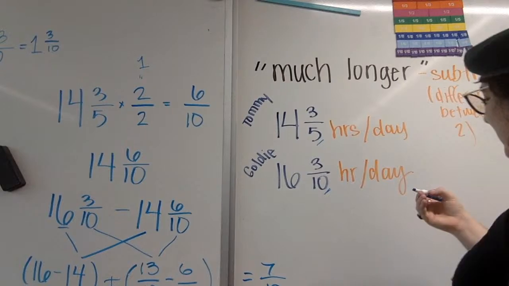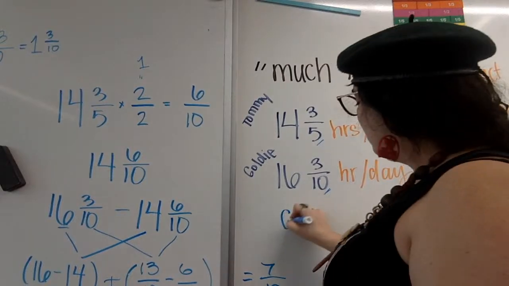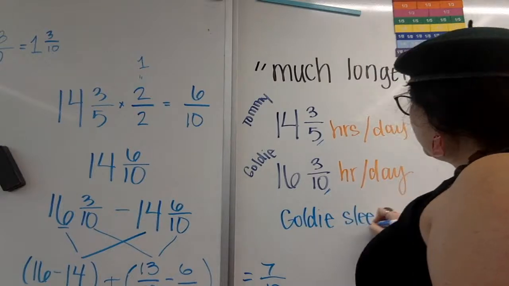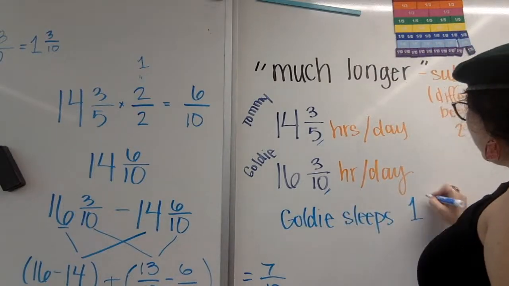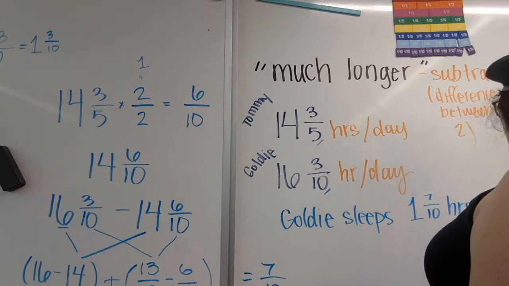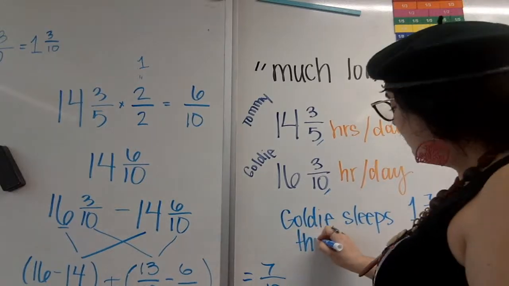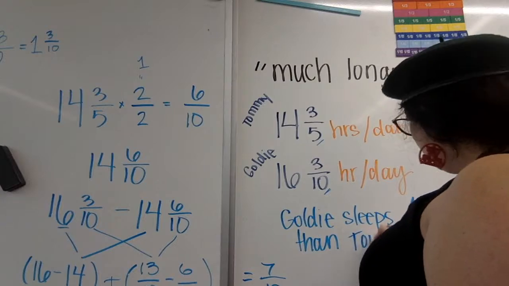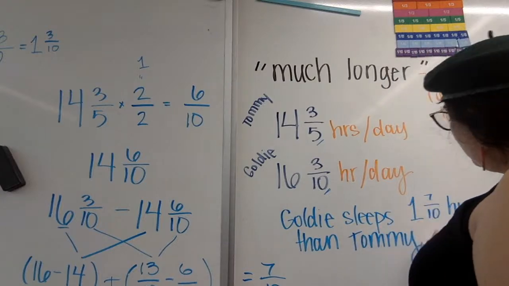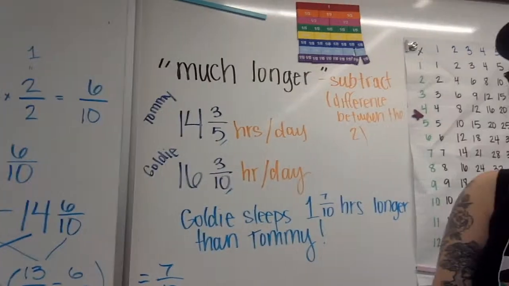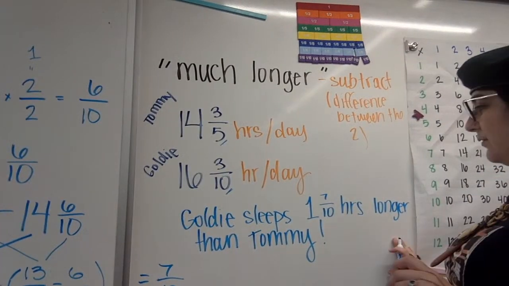So let's write this out. Goldie sleeps 1 7/10 hours longer than who? Tommy. Those cats and their cat naps. All right.